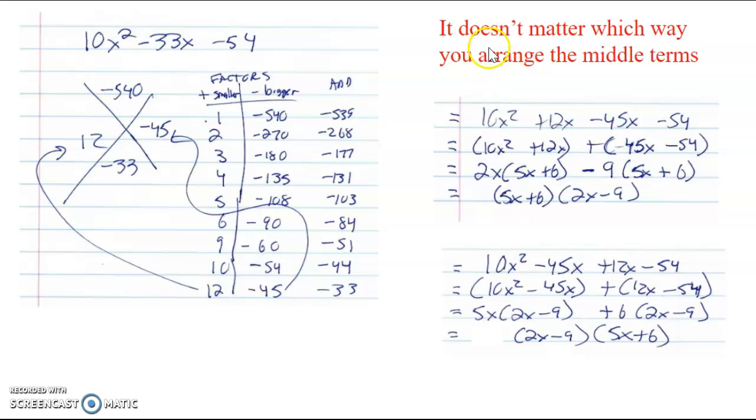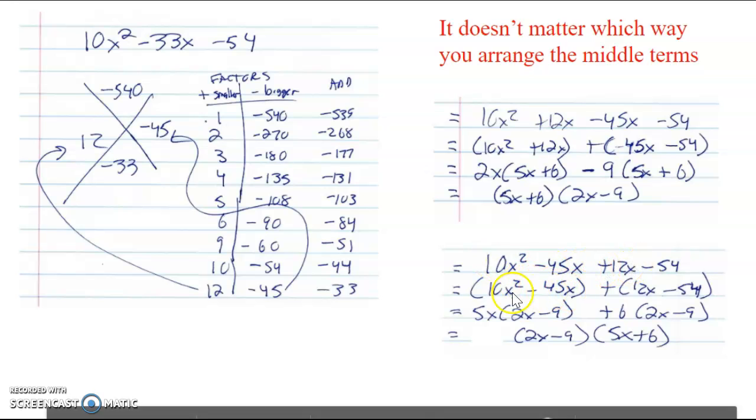Okay, now what if you split this as 10x squared minus 45x first and then plus 12x, instead of this order? Doesn't matter. Are you going to get different answers? No, you're not, because once you actually factor out the common factor, you should still get the same factor between the two parentheses.